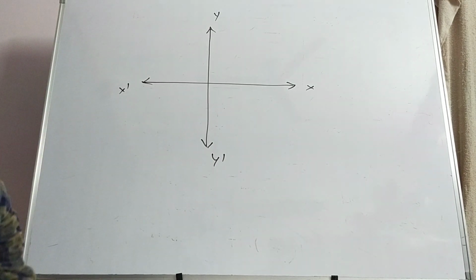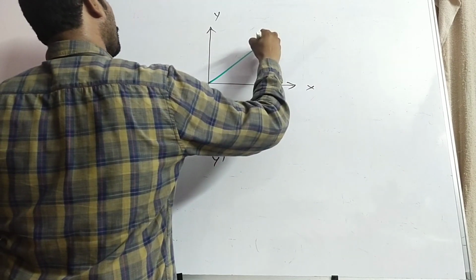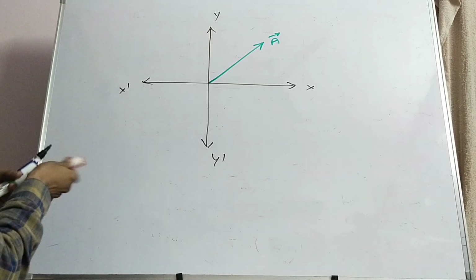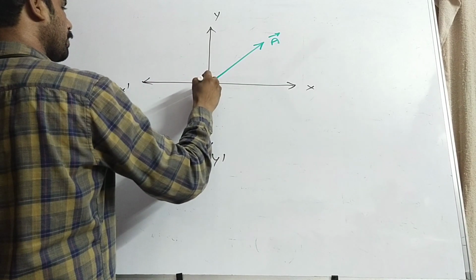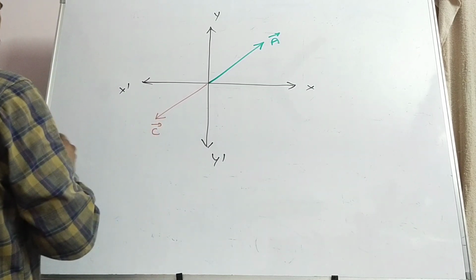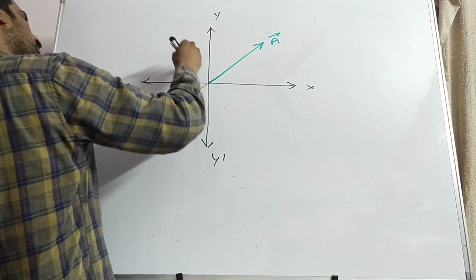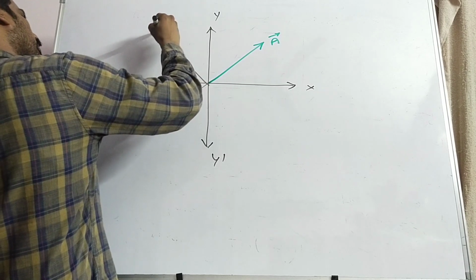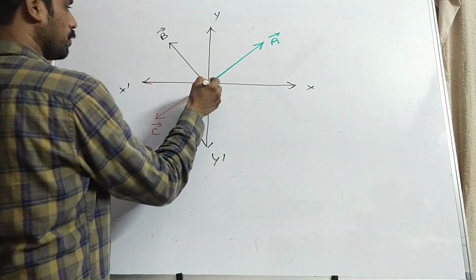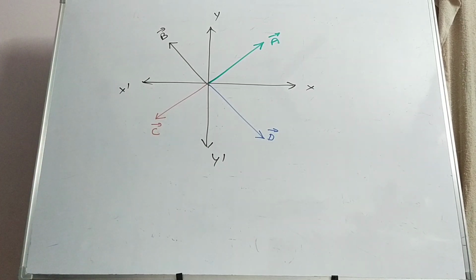Let us consider, here is the vector a bar in the first quadrant, c bar in the third quadrant, b bar in the second quadrant, d bar in the fourth quadrant.